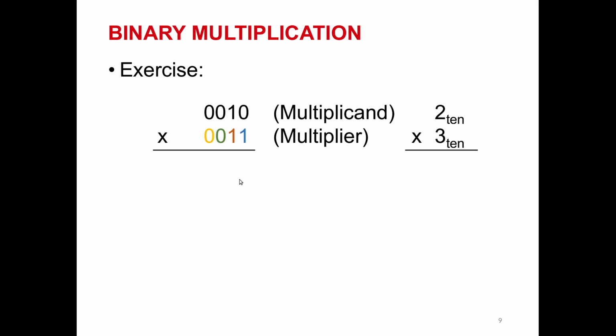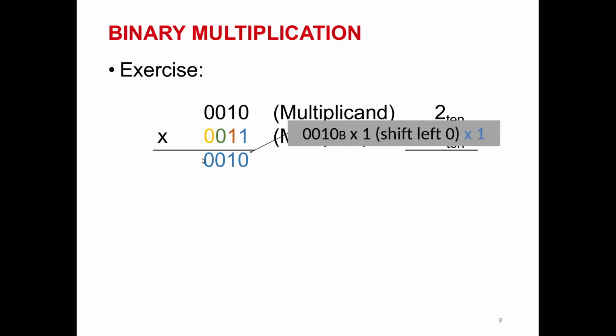Well, now we start again with value 1 multiplied with 0010. You can see it is 0010, written right here at the most right, and this value equals the multiplicand multiplied with 1, because the location of this bit is the first bit on the right.